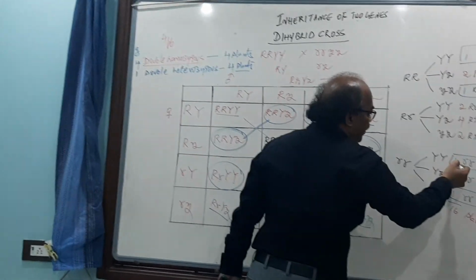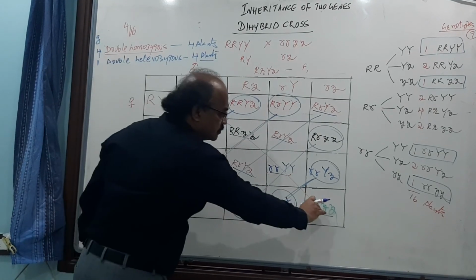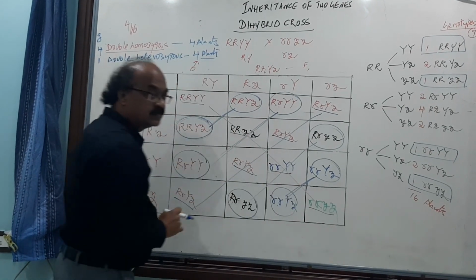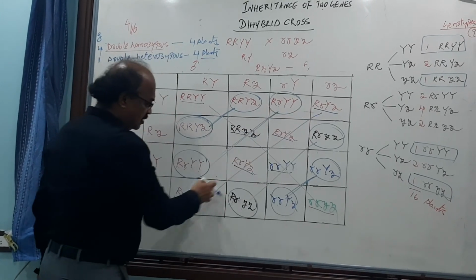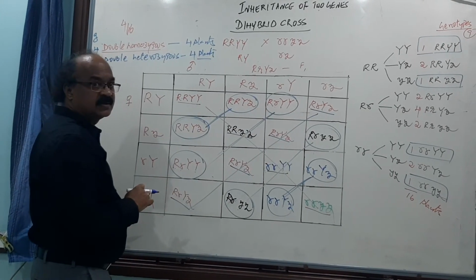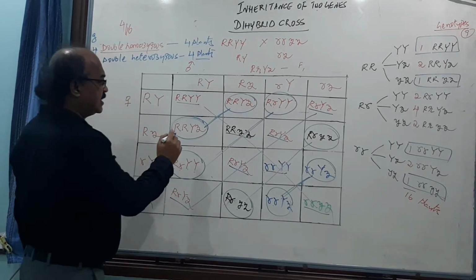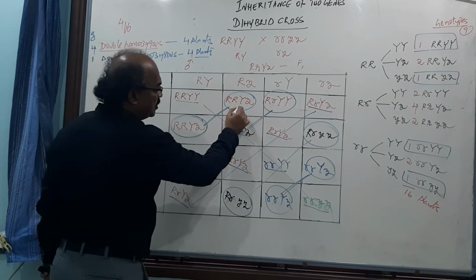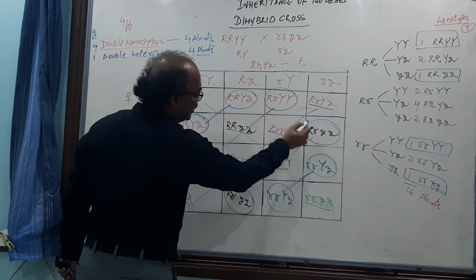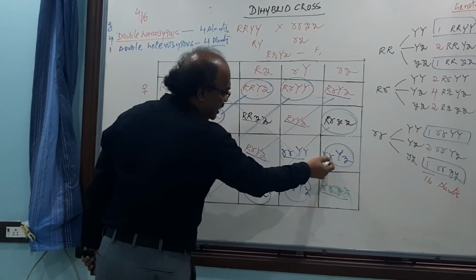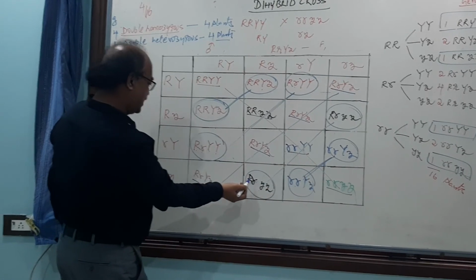1, 1, 1, 1. Double homozygous. 4. Double heterozygous. 1 homozygous, 1 heterozygous.